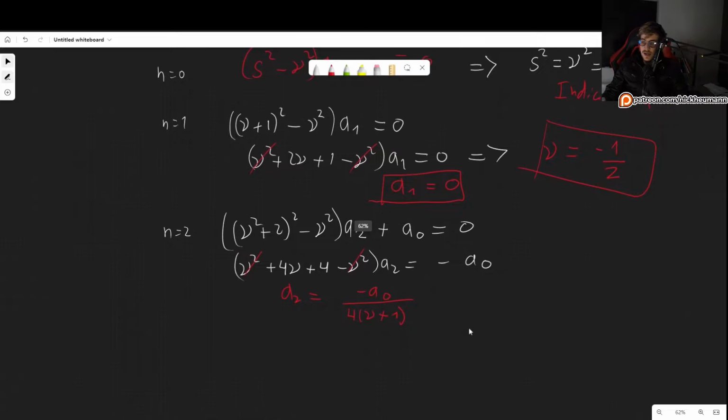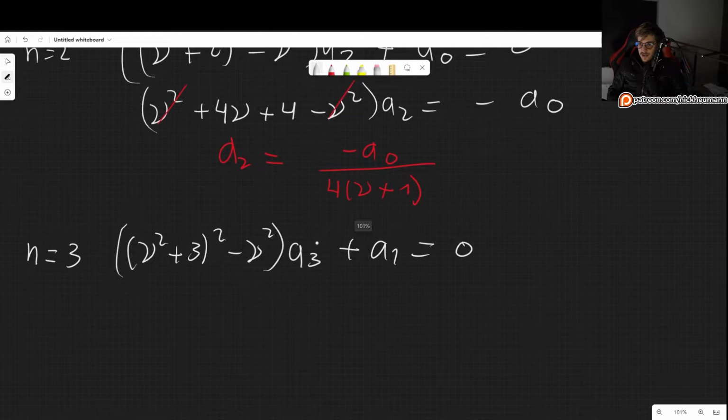Now let's continue. Here it depends how fast you are. I'm not really seeing much of a pattern yet, so I'm going to continue to write down terms until I can realize what is going on. So n equals 3. Now we get ((nu plus 3) squared minus nu squared) times a3 plus a1 equals 0. So a3 is equal to minus a1 divided by, the nu squares cancel out, so we get 6 nu plus 9.